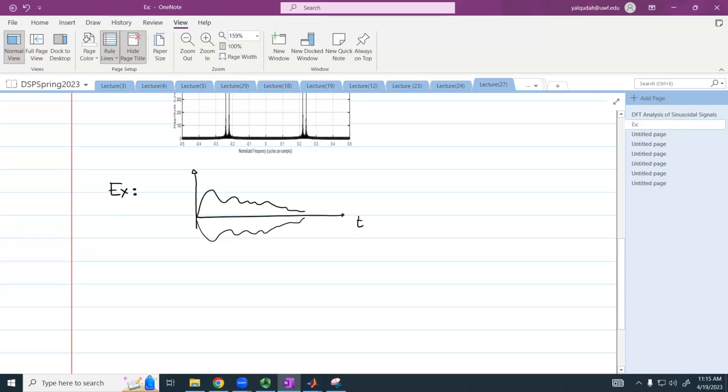This is the time domain, and this is my signal. And I want to use MATLAB to plot the spectrum of this voice, similar to what you guys are doing in the project. So what is the first thing we're going to do? We're going to sample this signal, and therefore we're going to get a discrete time signal. Once we record this signal, it's already in discrete form.